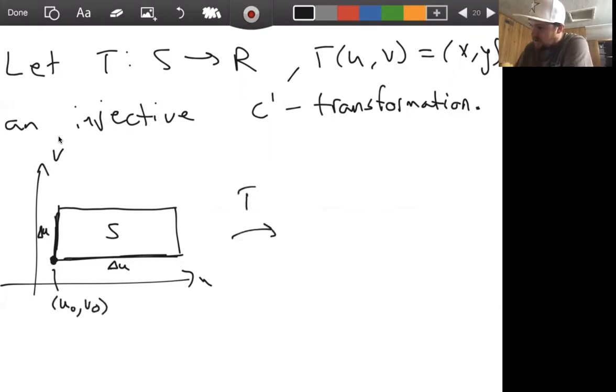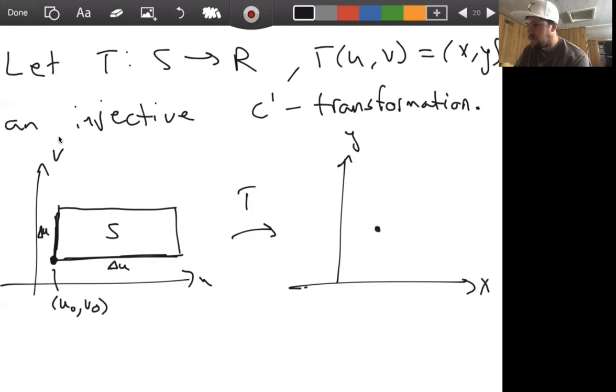We have our transformation T. This transforms this tiny rectangle of S to some range in the XY plane. Maybe it's doing something like a kite, almost. And we'll say that the point U naught, V naught maps to the point X naught, Y naught.